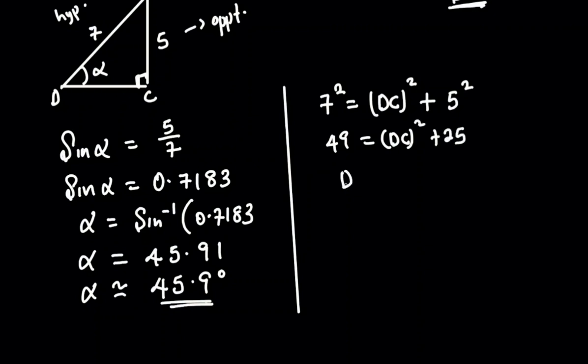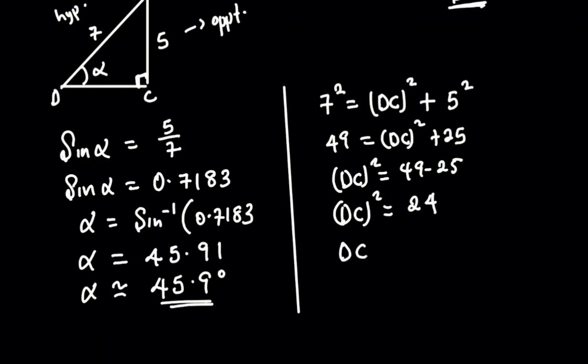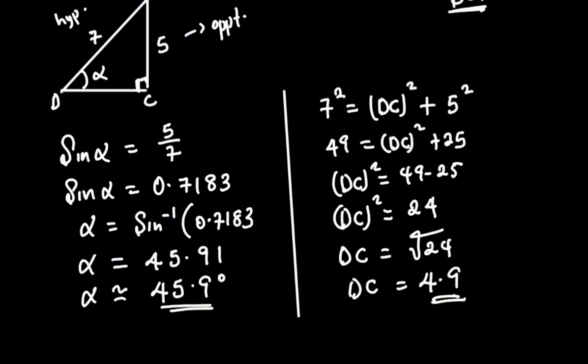So DC squared is going to be 49 minus 25. So DC squared is going to be, I think, 24. So DC is going to be square root of 24. DC is approximately 4.9. So we are done with this aspect.